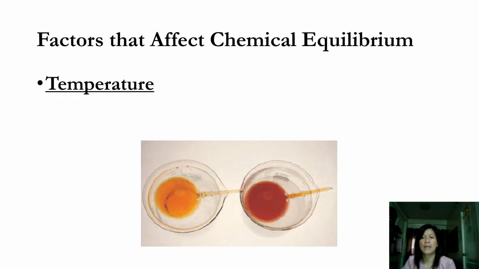Another factor is the temperature. So we have here cold versus hot. The transformation of this gas to another gas, the difference in color, indicates that there is a difference in the rate of reaction when you bring about the reaction at different temperatures.